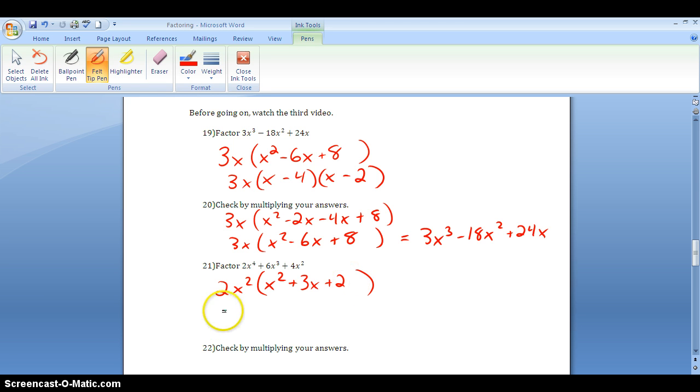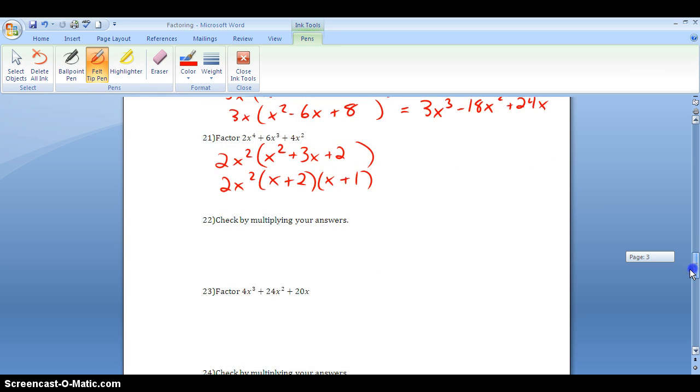All right, and then I can continue factoring this one if it is factorable, and this one is x plus, we got x times x. What 2 numbers basically have to be 2 times 1. Could be a minus 2 or positive, but this is positive. And now I check by multiplying my answers.